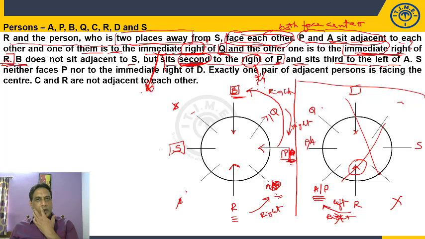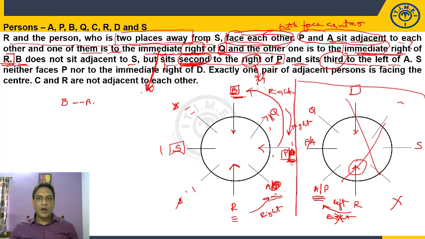Third to the left of A means B and A should have two persons between them. Based on the third to the left of A, we will fix the position. Between B and A, we have two persons. If you check from this side, it can also be 4, but it says third to the left, so we will consider only this 1 and 2.